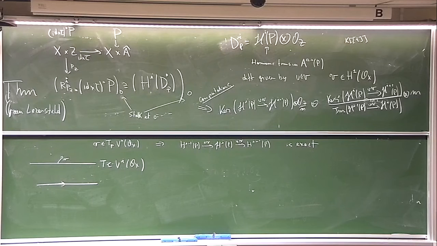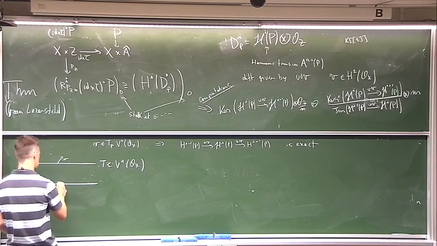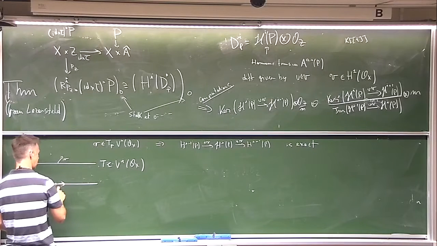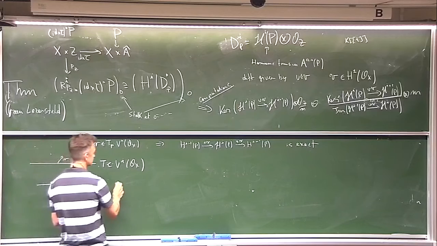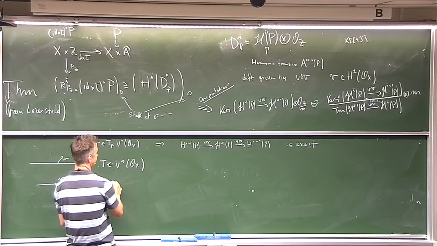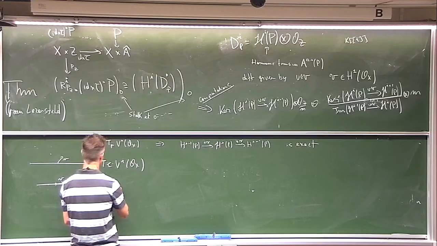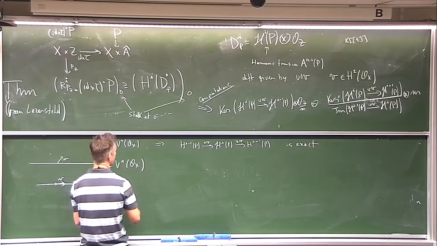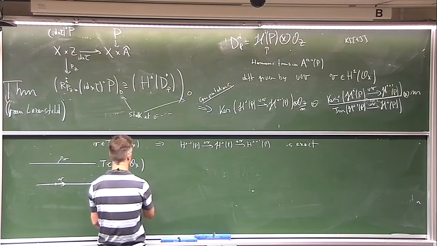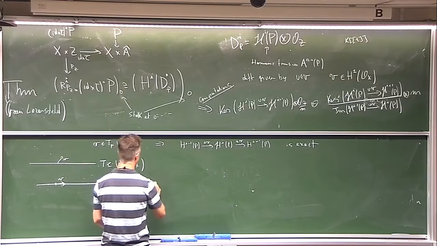Okay, so if I had written that statement correctly, the conclusion I should come to is that if I pick V to be tangent to my space, that should imply then these maps vanish.